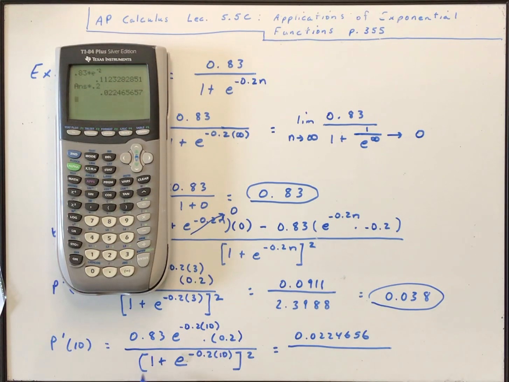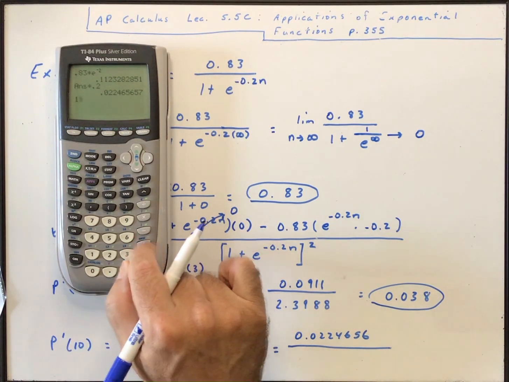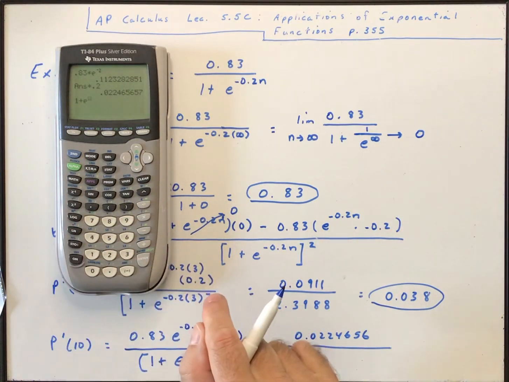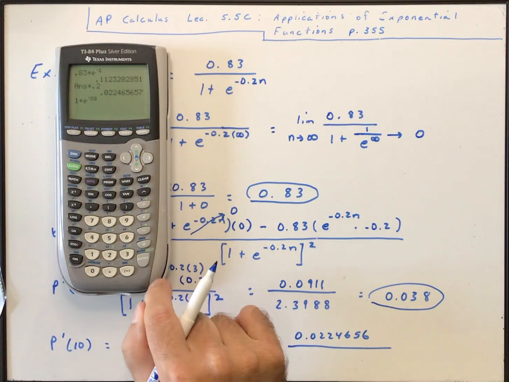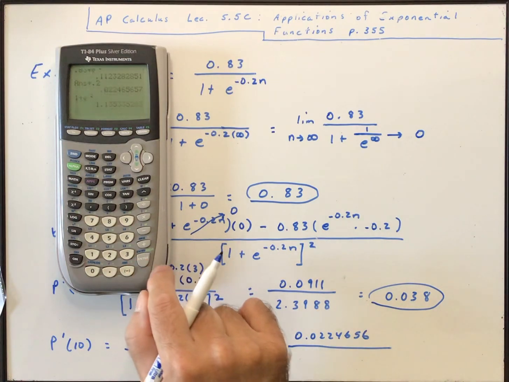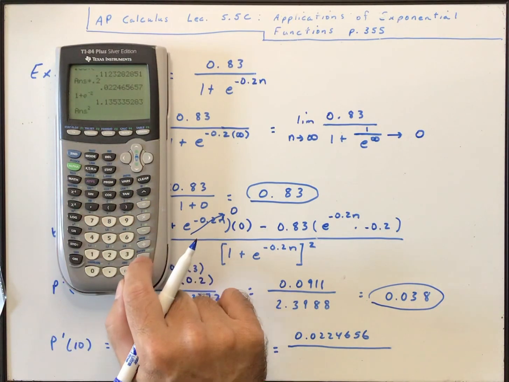And then 1 plus e to the -2, and we're going to square that.